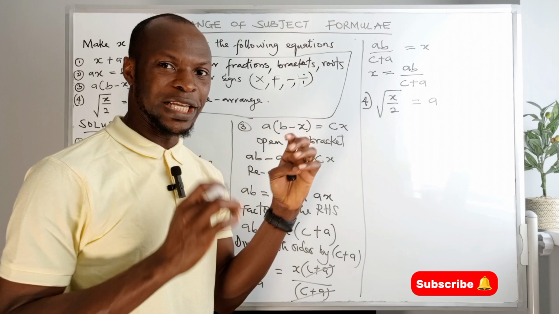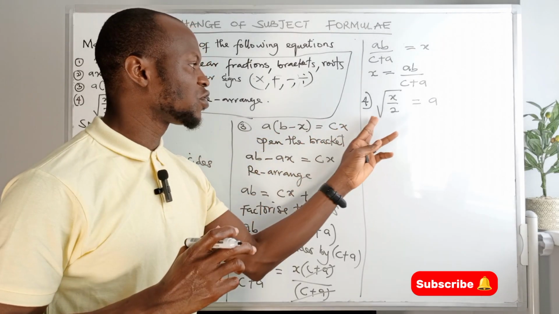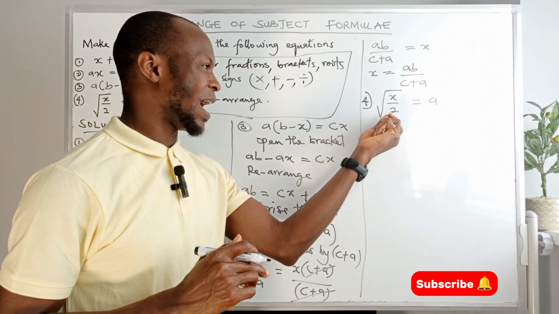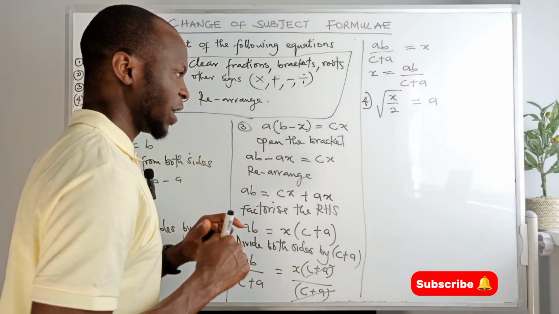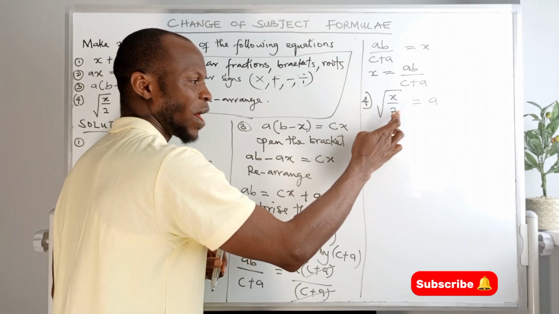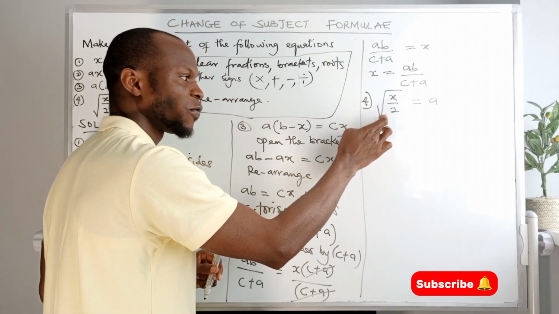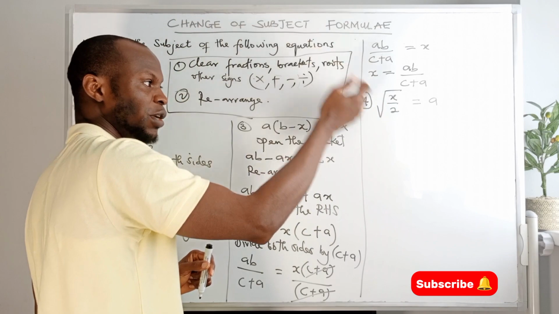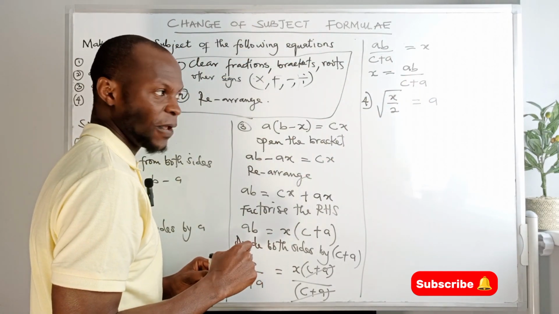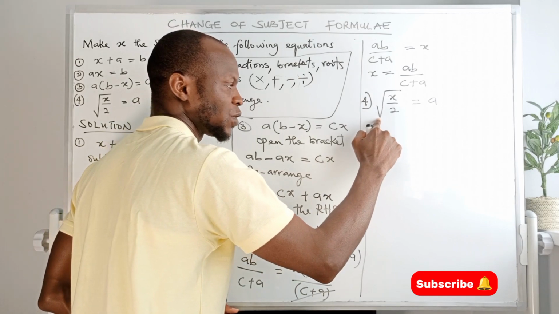Now, in principle, you have to remove what is attached to x and attach it to others. Now, in this case, you can't remove 2 because this root also affects the 2. So you have to remove the root first, remove the cover so that you can deal with the fraction. So I have to remove the cover, which is the root.